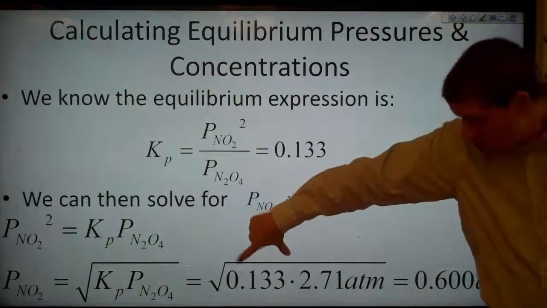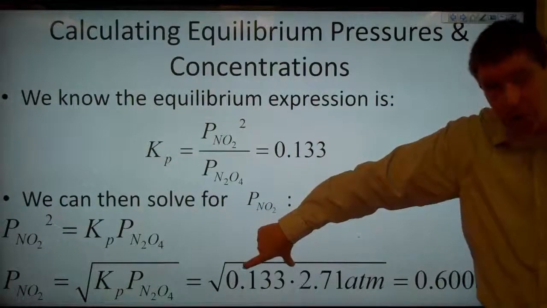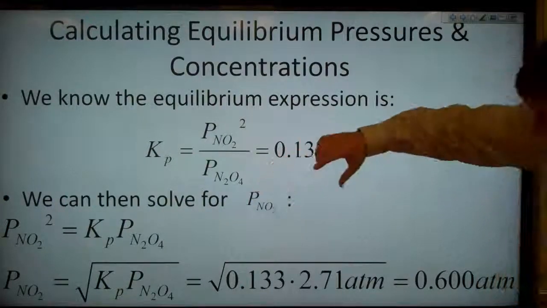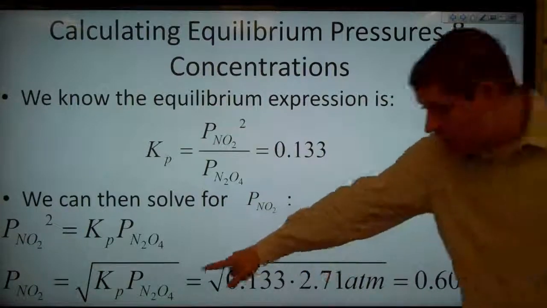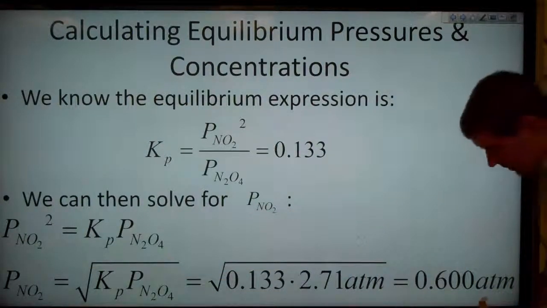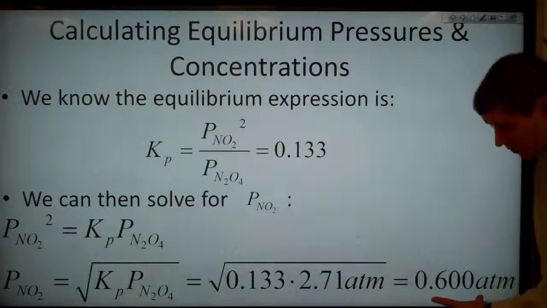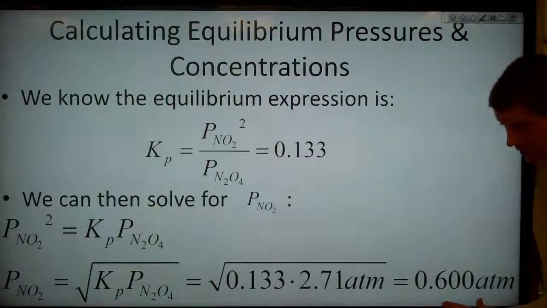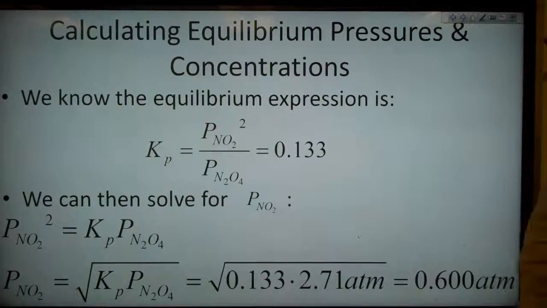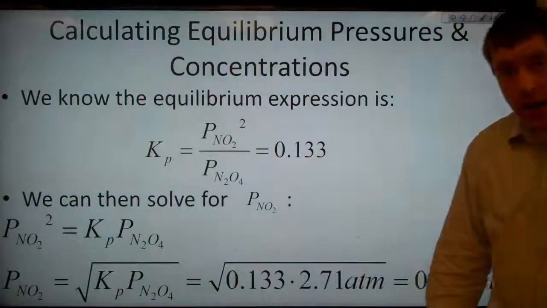And so we can plug in the values that we have, the 0.133 for the K, and the 2.71 atmospheres for our partial pressure of dinitrogen tetroxide. And that means that once we take the square root, we end up with 0.600 atmospheres for the partial pressure of our NO2.